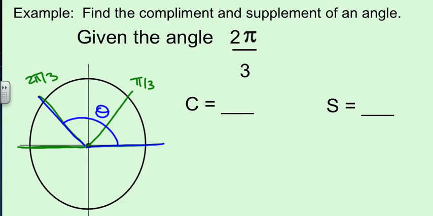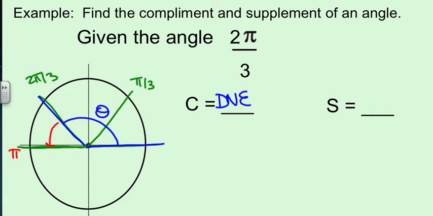To find the complement, we want to find two angles that add to pi over 2. Well, that does not exist. It's too big already. It's past that pi over 2 angle. So in this case, it'll only have a supplement. To find the supplement, I want to find out what is the distance from this terminal side over to pi.